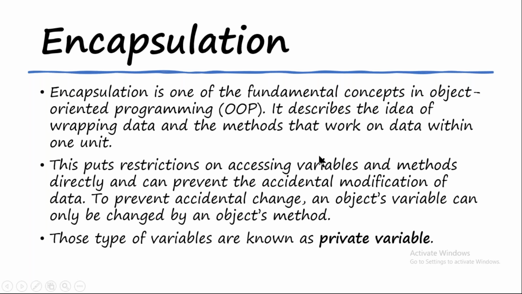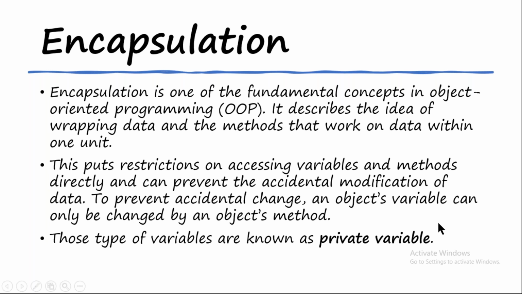When you create a module and share it with other users, to make sure they don't disturb our attributes or methods, we can make them private, so other users cannot access or change the variables from outside the class.